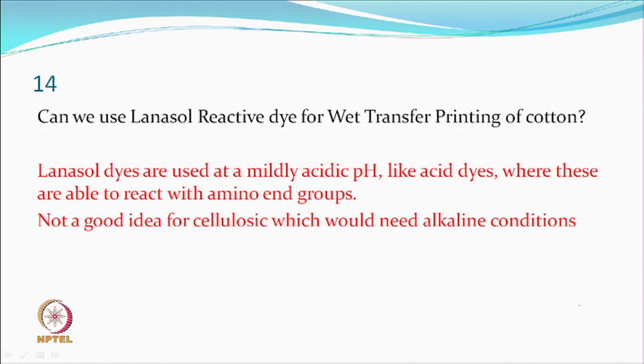So, we have other reactive dyes which can be used, because cotton would require alkaline conditions to make it Cell-O minus type of a situation. And so, you require alkaline conditions.